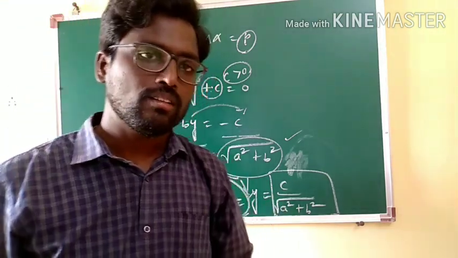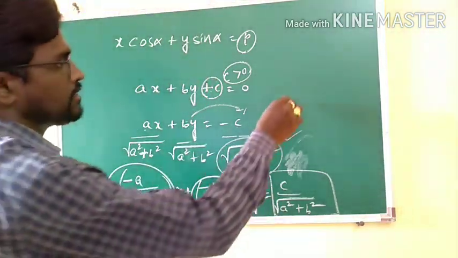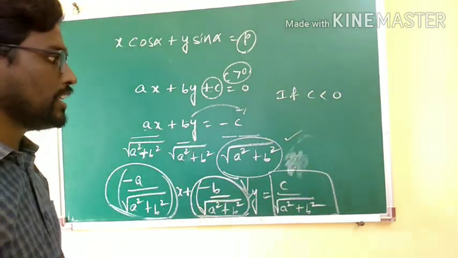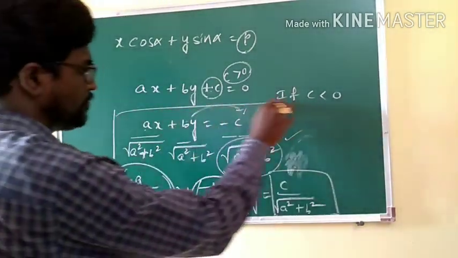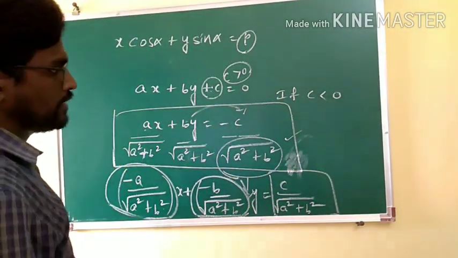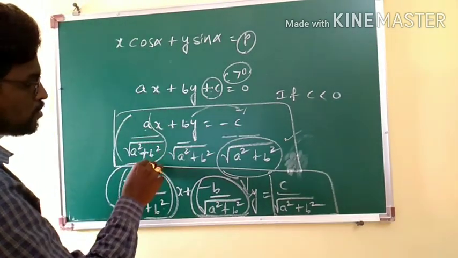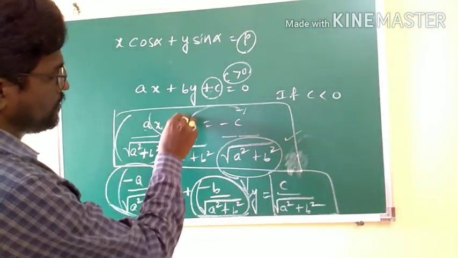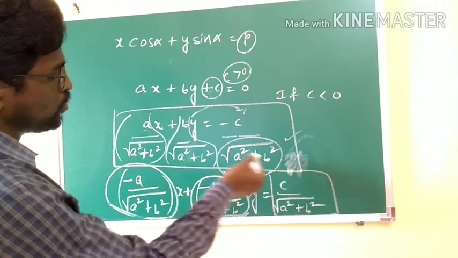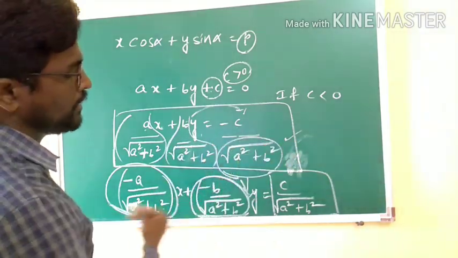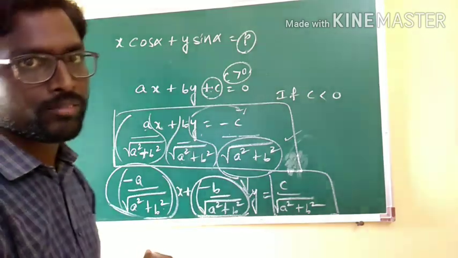If c is less than 0, then the line equation is a by root a square plus b square into x plus b by root a square plus b square into y is equal to minus c by root a square plus b square.